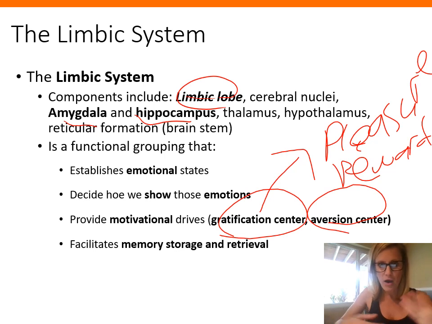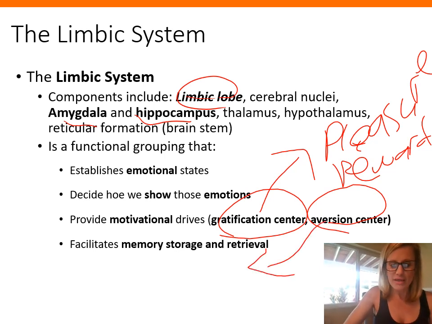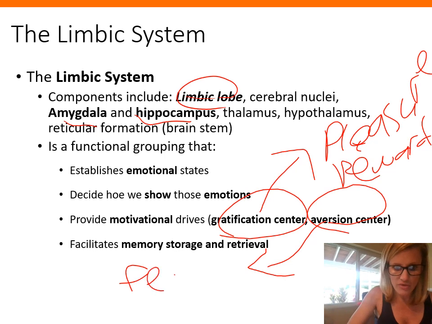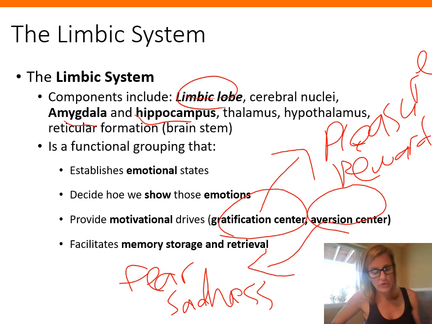The aversion center is the opposite. When the aversion center is stimulated, it stimulates feelings of fear or sadness. Okay, these are not generally positive feelings, right? These are negative feelings. So the person is more likely to avoid whatever it was that caused this aversion center to be stimulated, right?